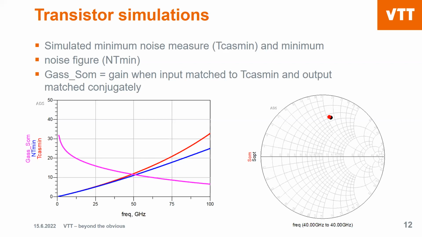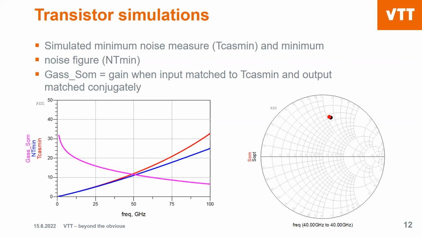You can see, when the gain goes low, I have also plotted the available gain in purple, or is it pink, when I have matched the input to the optimum noise of the transistor, and the output is conjugately matched.